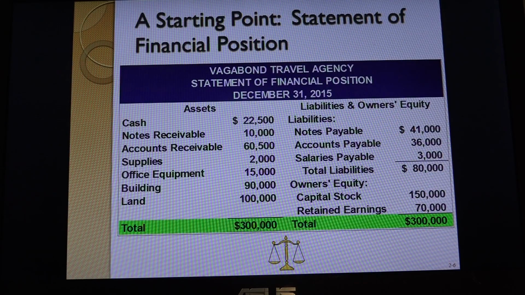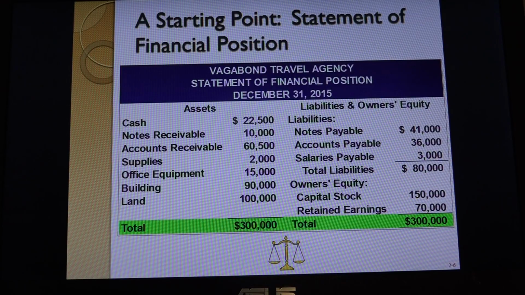Now you have in your balance sheet certain things. The categories that you have are assets, and assets are normally listed to the left side.